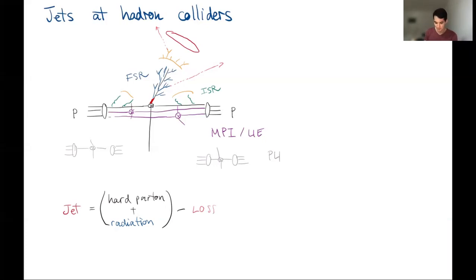But that's not all. I can have other stuff actually contaminating my jet. So if I look at this initial state radiation, this can so happen to end up in this jet that I'm interested in. The same goes for the MPI emissions or from pileup. So there's additional contamination.